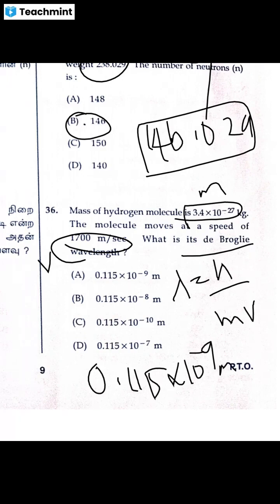Here h is 6.626 into 10 power minus 34 joule second, the mass given is 3.4 into 10 power minus 27 kilogram, and the velocity is 1700. When we simplify, we get the exact value. According to that, option A is the correct answer.